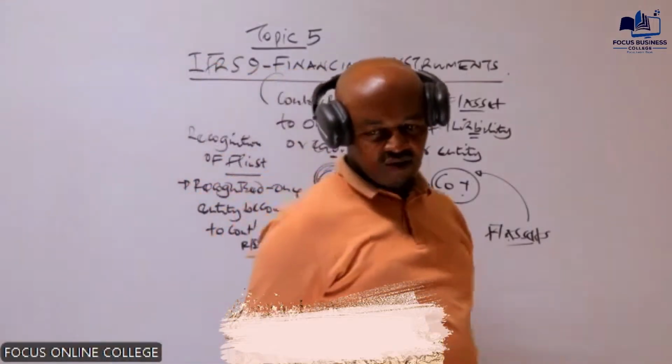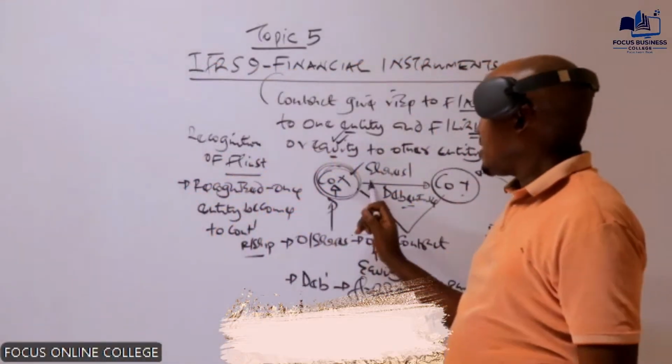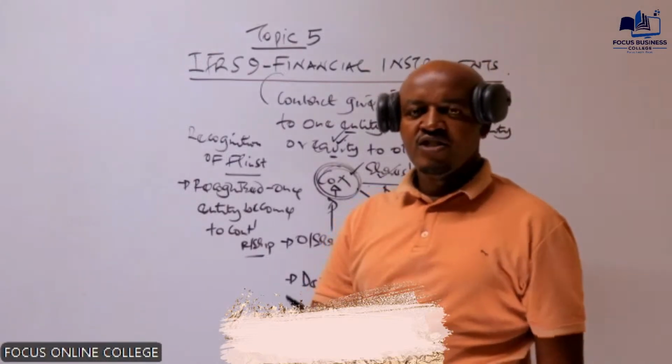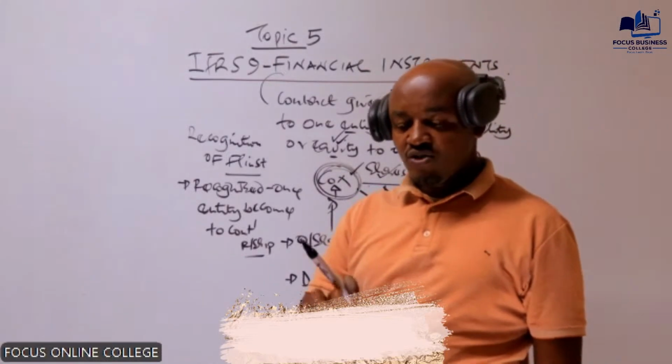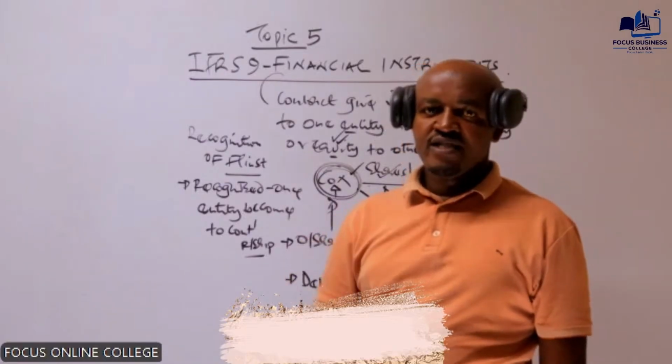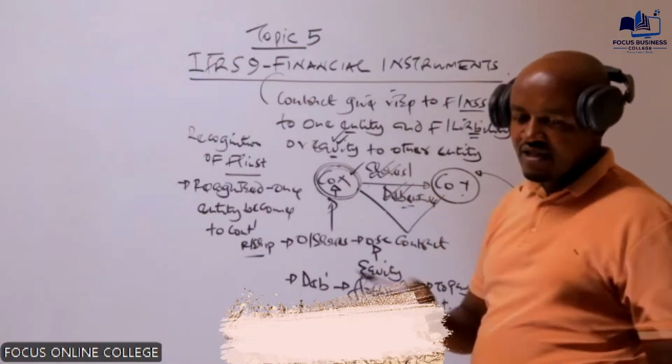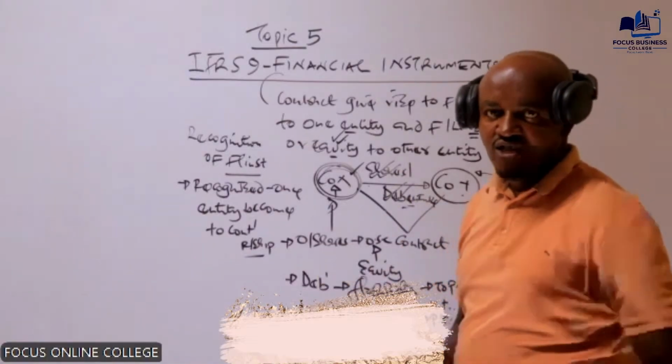It basically means that once this company has issued these particular shares or debentures, even if our company has not been paid for the shares, that is, has not received cash for the shares or debentures which have been issued, our company has already become a party to that contract simply because it has already issued the shares or debentures.